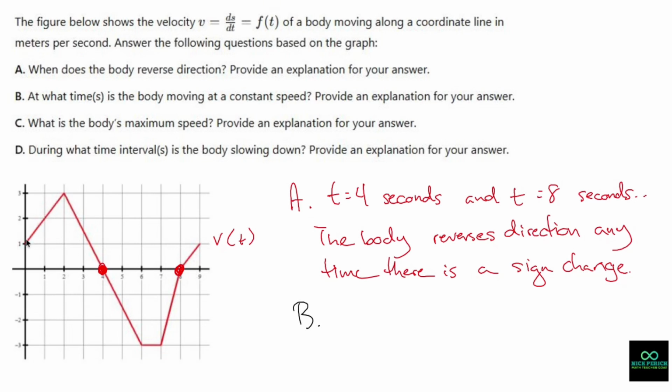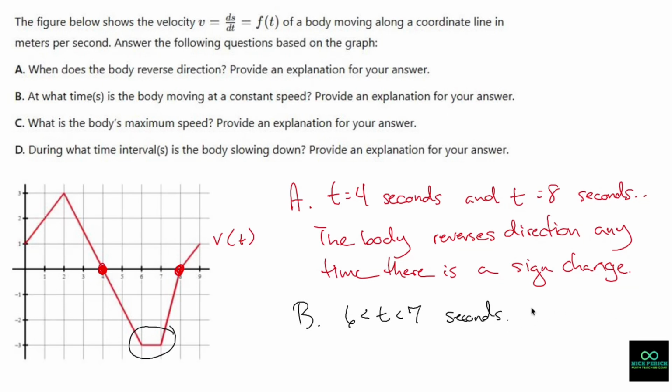The velocity from here to here is increasing. That's not constant. You're going from 1 meter per second to 2 to 3, back down to 2, and so on. The only time you're going to have a constant speed is in between 6 and 7. So the body is moving at a constant speed when t is between 6 and 7 seconds.